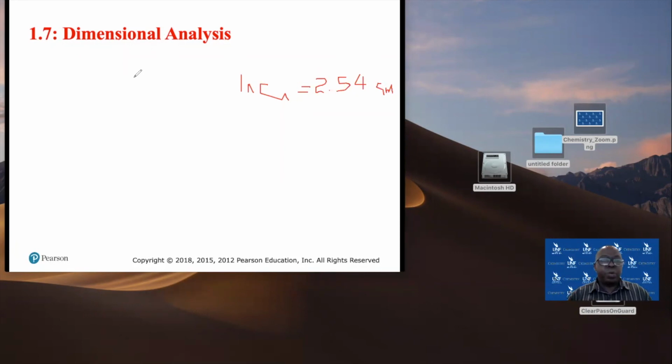You will need to convert from inches to centimeters or centimeters to inches. And in this case, dimensional analysis will be handy. You have used this changing from grams to kilograms, from kilograms to grams, from miles to kilometers, from millimeters to centimeters, and so forth.